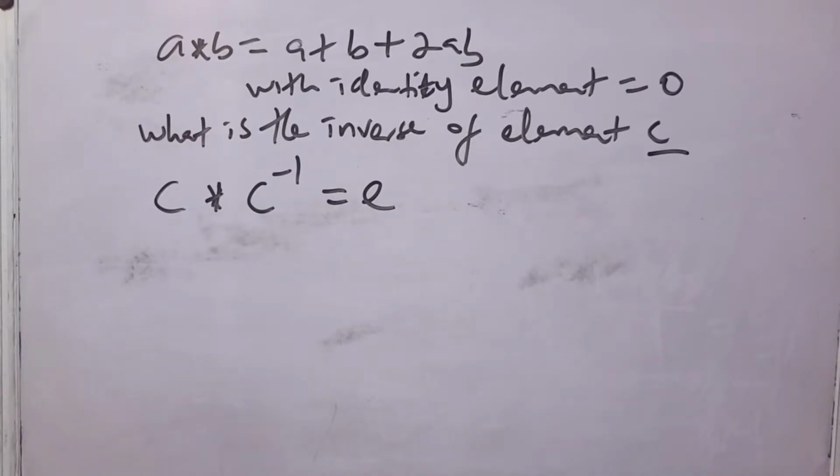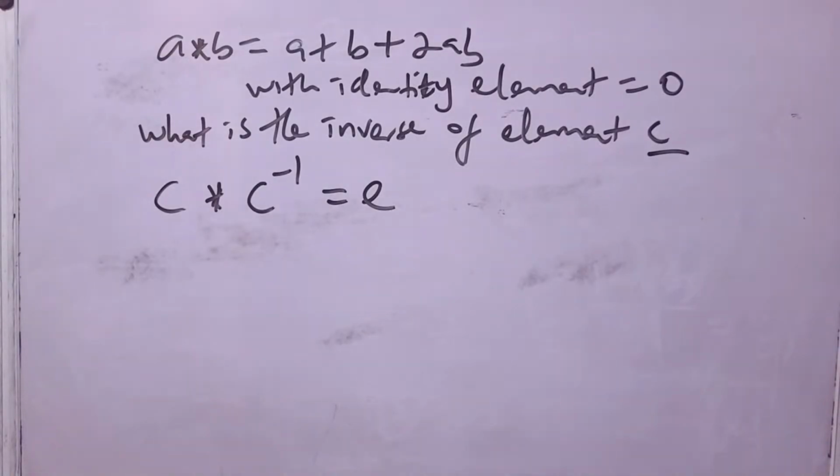So an element with its inverse will give you the identity matrix. Does it make sense? So now, using this principle, can you try to find your answer quickly?